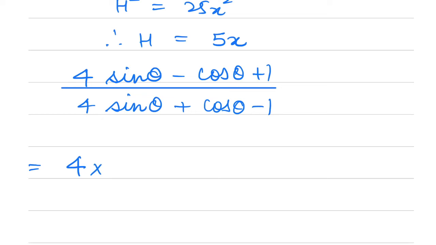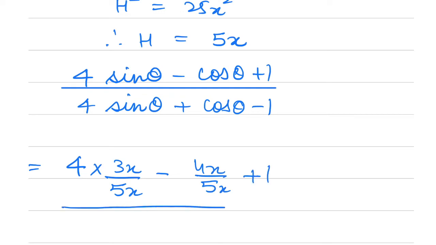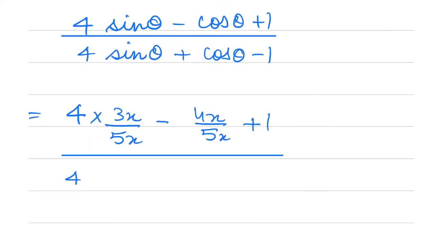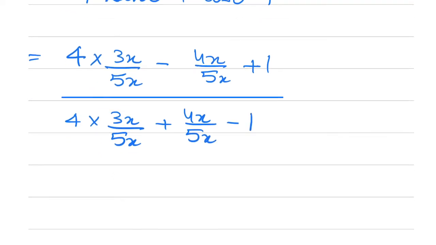So perpendicular is 3x and hypotenuse is 5x. Minus cos is base by hypotenuse, 4x by 5x, plus 1. Now this whole thing divided by 4 into 3x by 5x plus 4x by 5x minus 1. Now x everywhere gets cancelled.